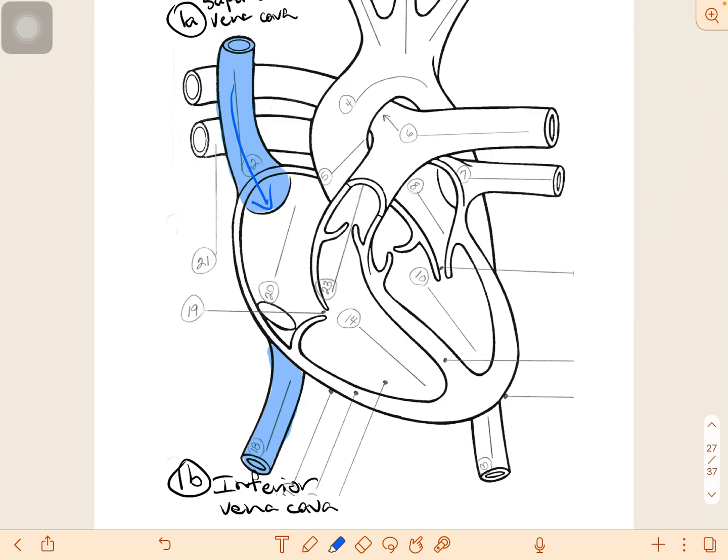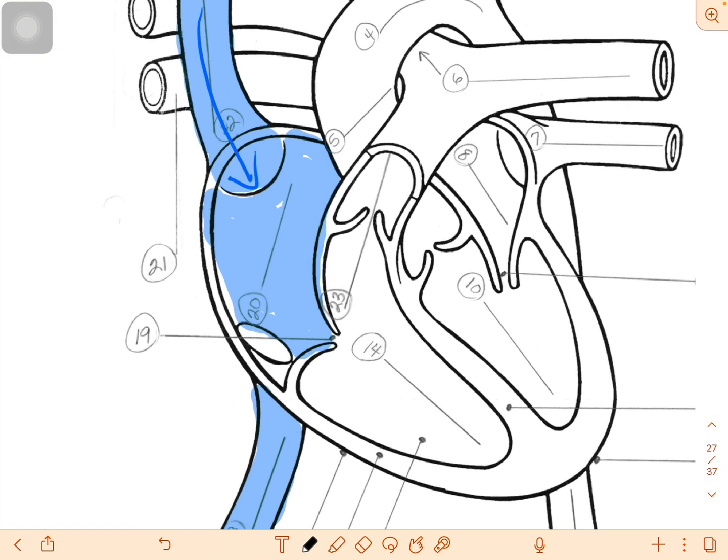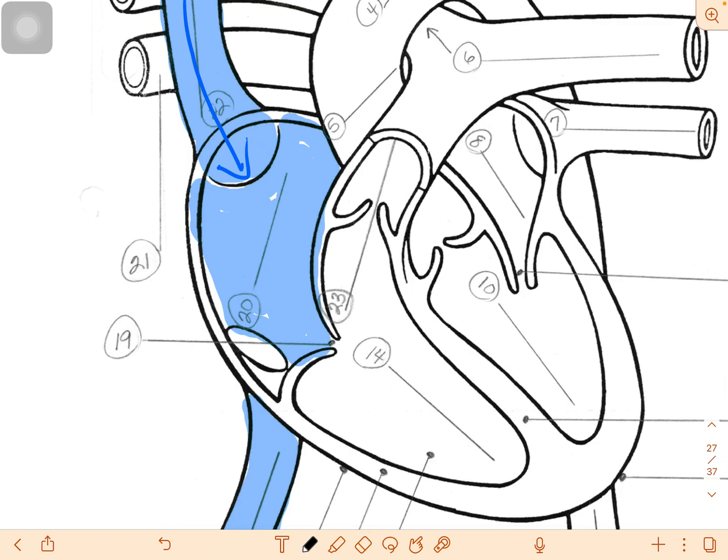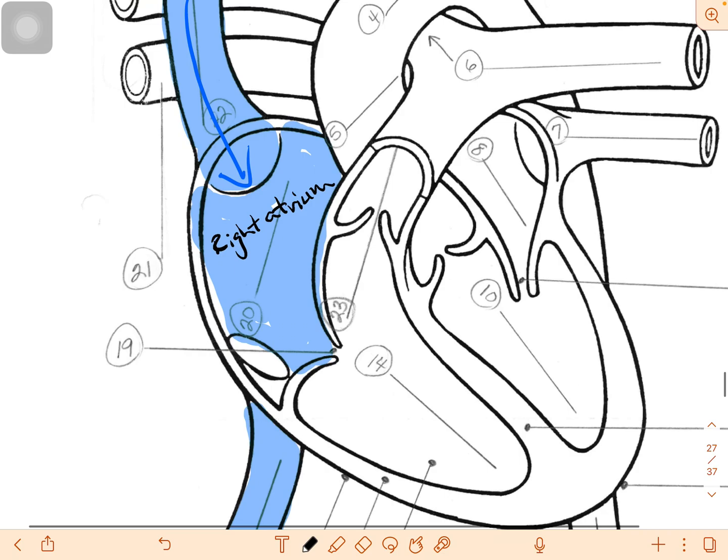So you are going to enter another deoxygenated area here. This deoxygenated area is called, I'm going to zoom in, the right atrium. And I'm going to label this one with a number 2.